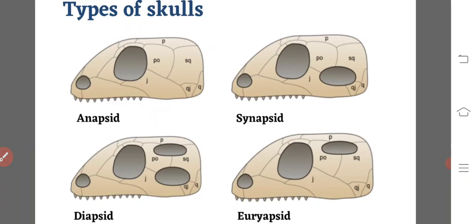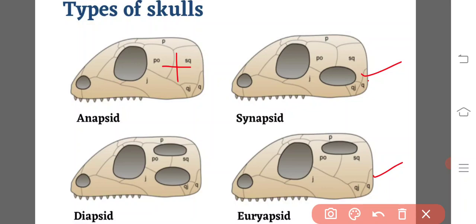See, if we compare all of them: anapsida, no temporal fossa at all. Synapsida, one temporal fossa on either side, but it is located on the lower side. Whereas euryapsida, one temporal fossa on each side, is located behind and above the eye orbit.